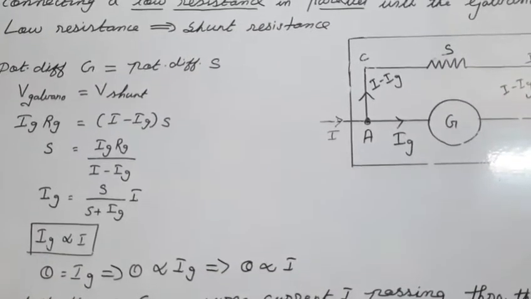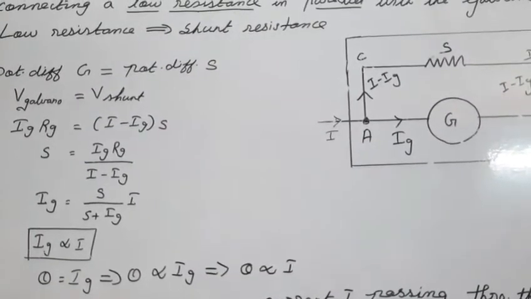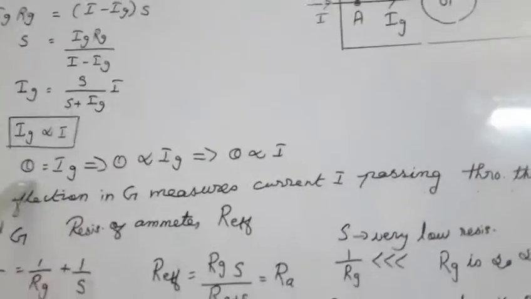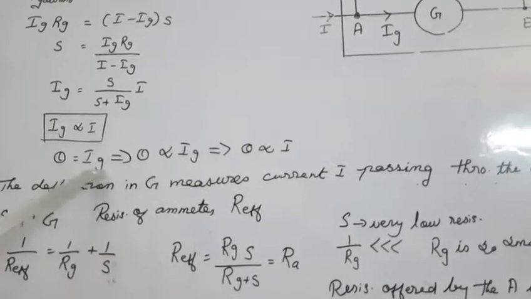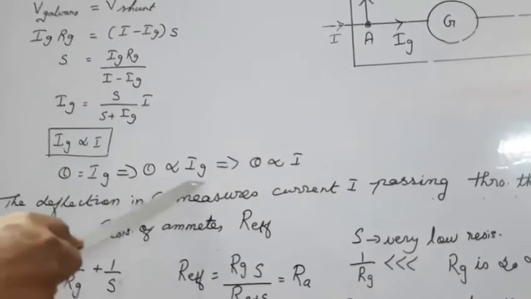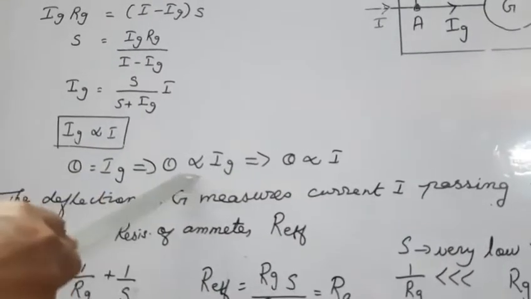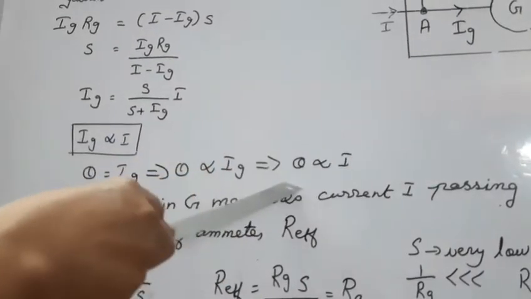Therefore, the deflection in the galvanometer measures the current I passing through the circuit. Therefore, theta equals 1 by G into Ig, so theta is directly proportional to Ig. Therefore, theta is directly proportional to I.